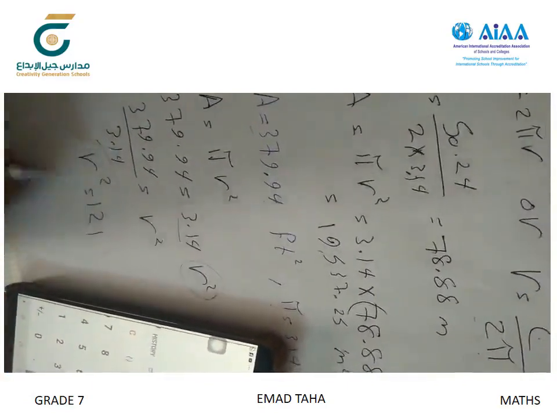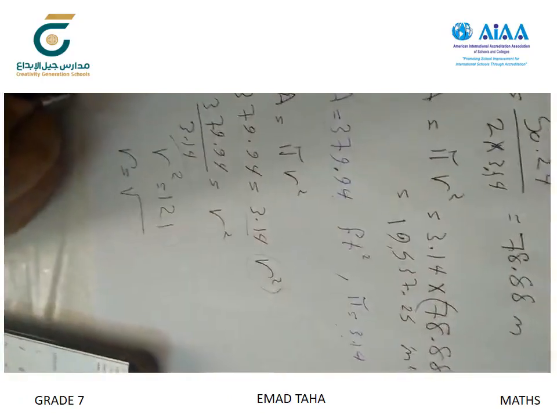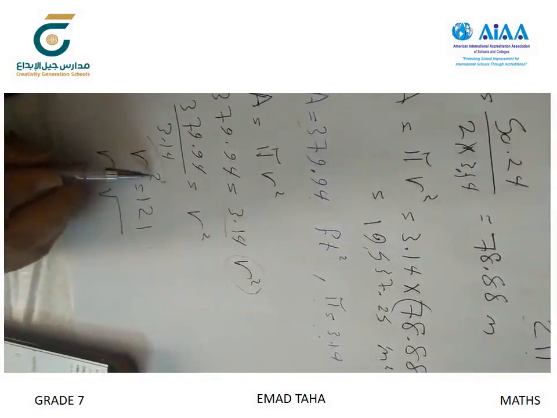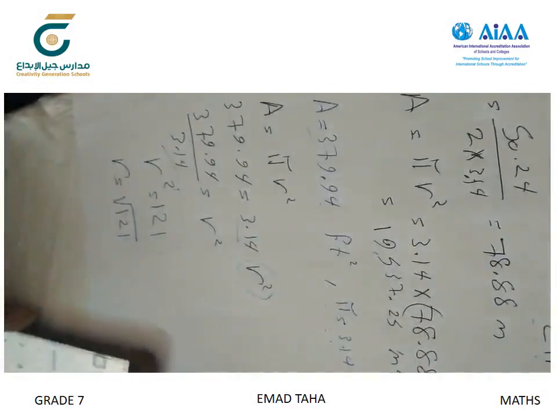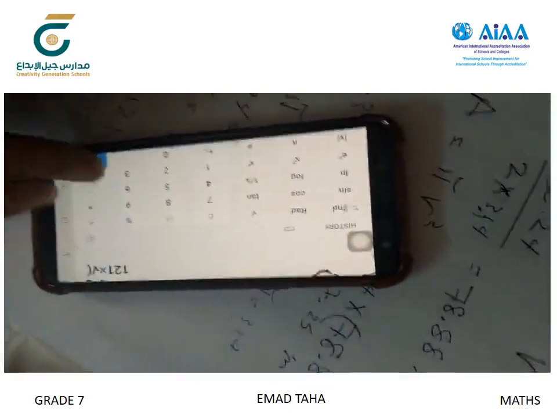If we have r squared and want to find r, we take the square root. Square root, this is a new formula. The square root of r power 2 equals r, and the square root of 121. So we find the root.